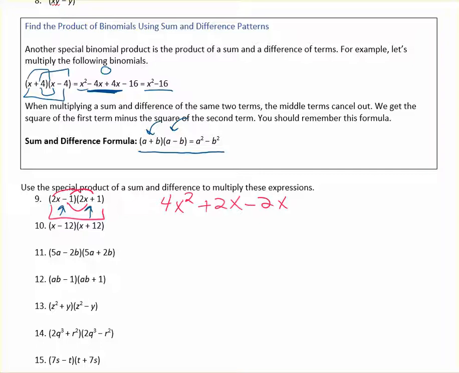And then last times last would be minus 1 times 1 is minus 1. So 4x squared, 0 is my middle term, so I don't need to write it. 2x minus 2x is 0. This would be my answer. Or you can use the formula, which might get you there a little bit quicker. Note that in the formula, the answer will always have a minus sign. Always.